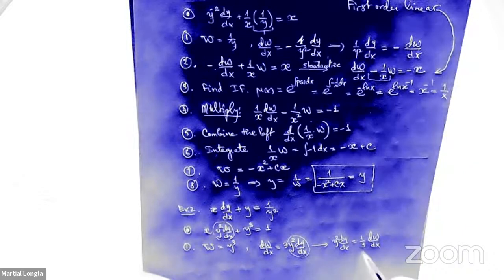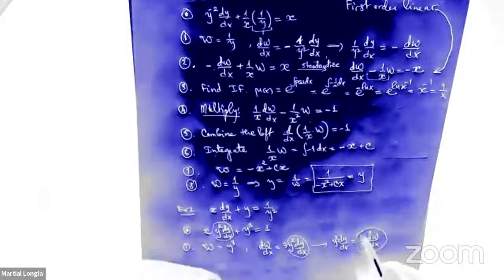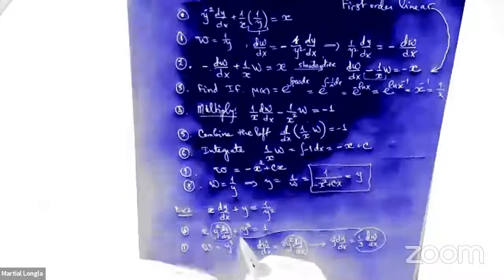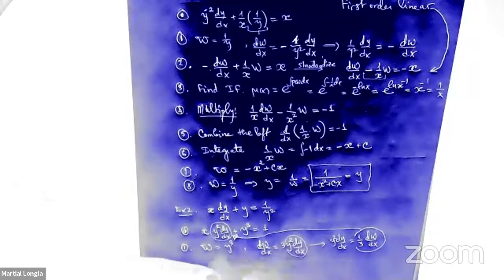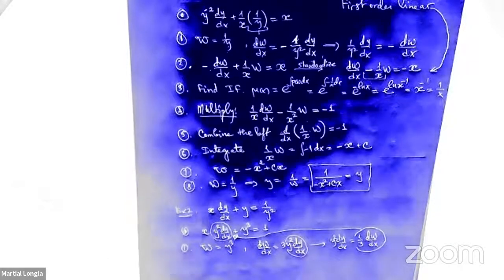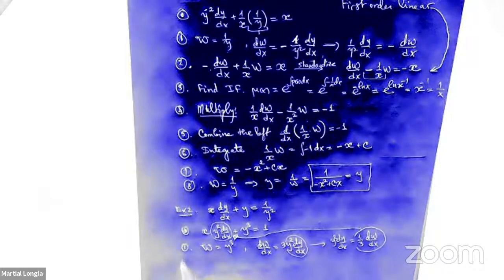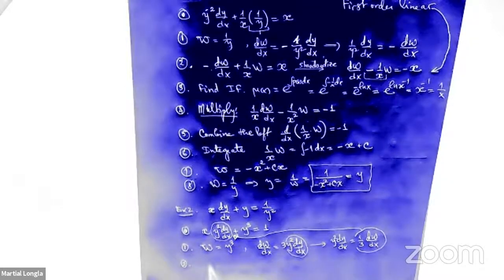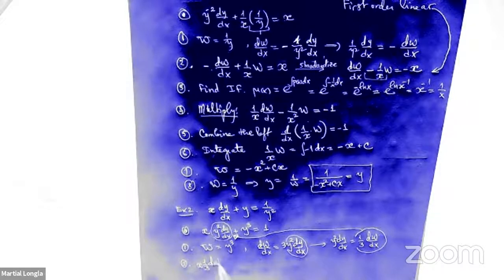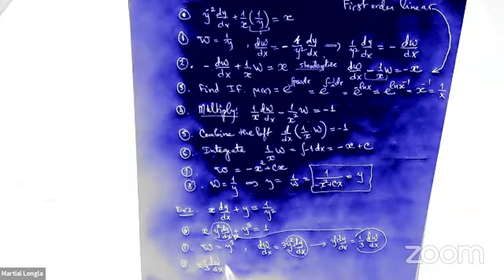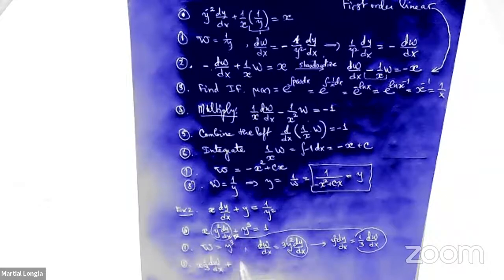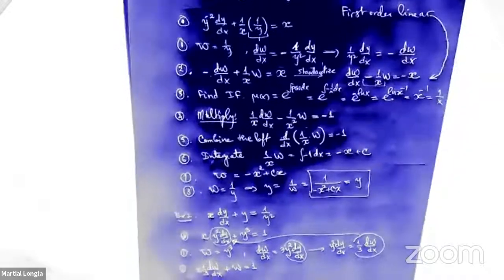And so this thing, you are going to substitute in that equation. That's what gives you your next step 2. So that is 1/3, and then the x that was there, x times 1/3 dw over dx plus w equals 1. That's it.